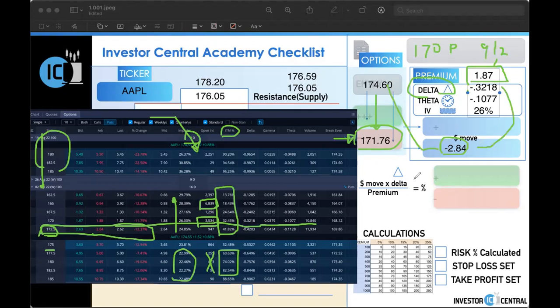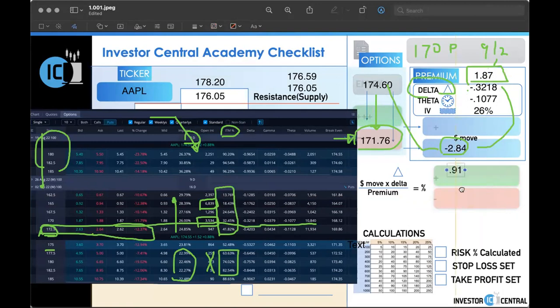So let me calculate this real quick. We've got that times 0.32. And so that's going to give you, there it is, a 90-cent or 91-cent move.